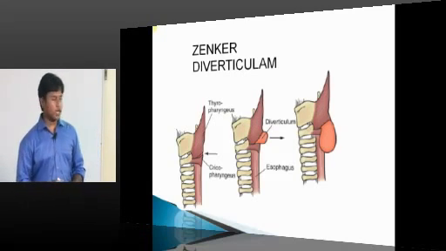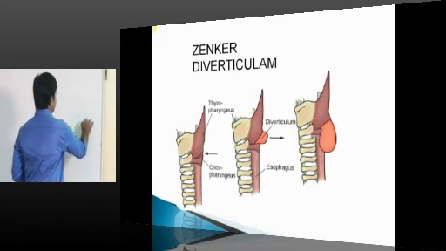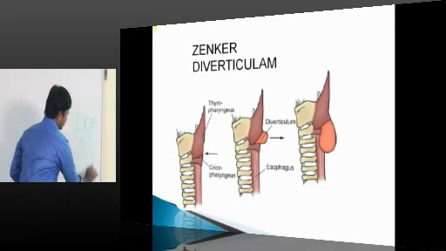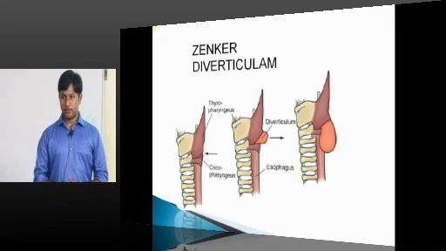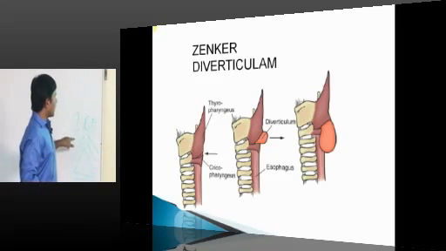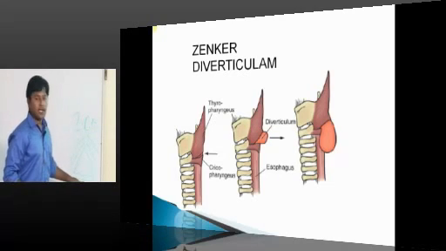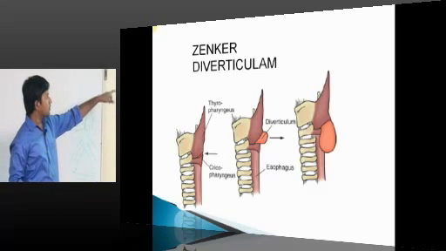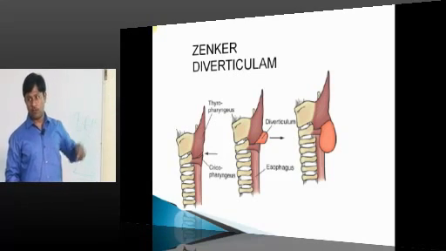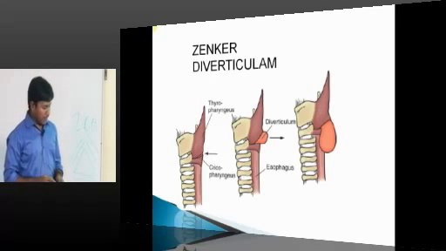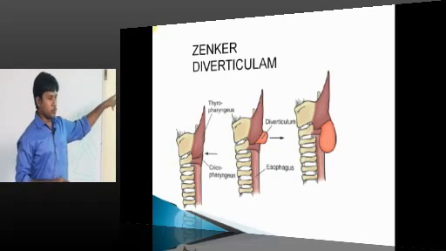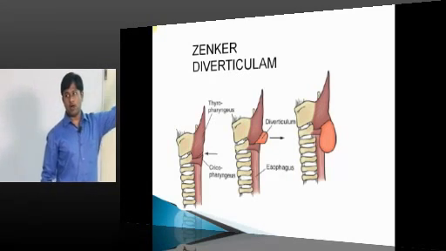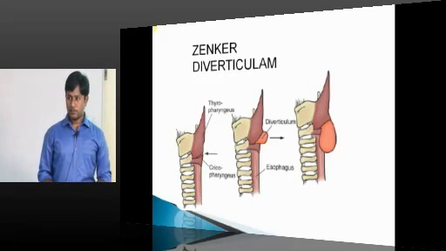The inferior constrictor muscle has two divisions, the thyropharyngeus and the cricopharyngeus. In between these two, there is a small weakness area which slowly outpouches as a diverticulum.